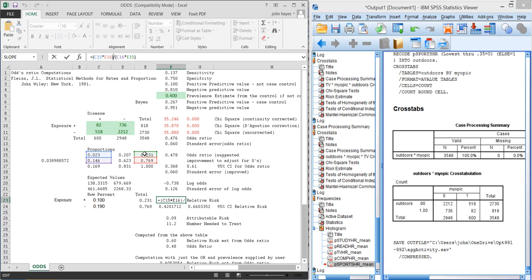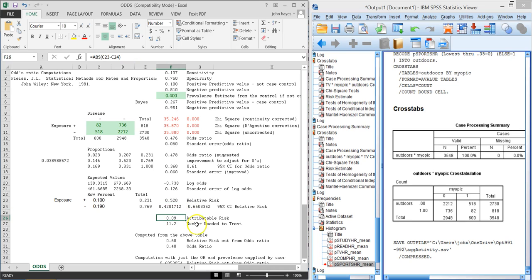Odds ratio is an approximation of relative risk, and we only use it when we cannot calculate relative risk directly. Here we give the confidence intervals for that.